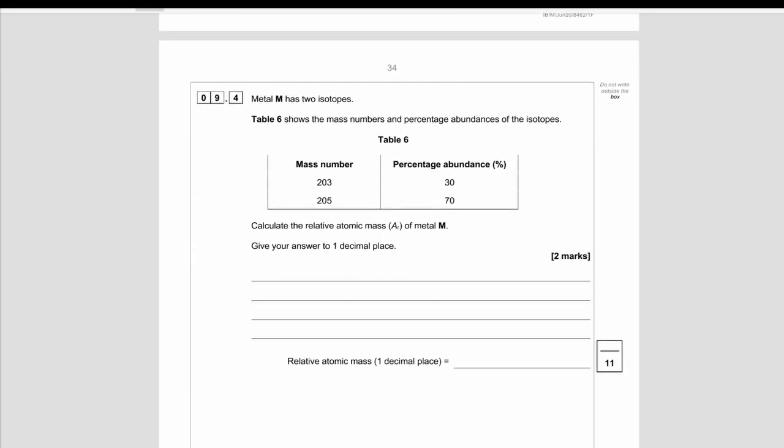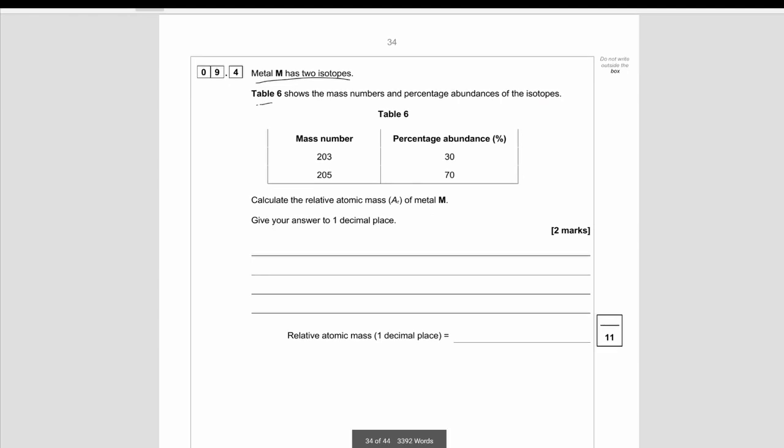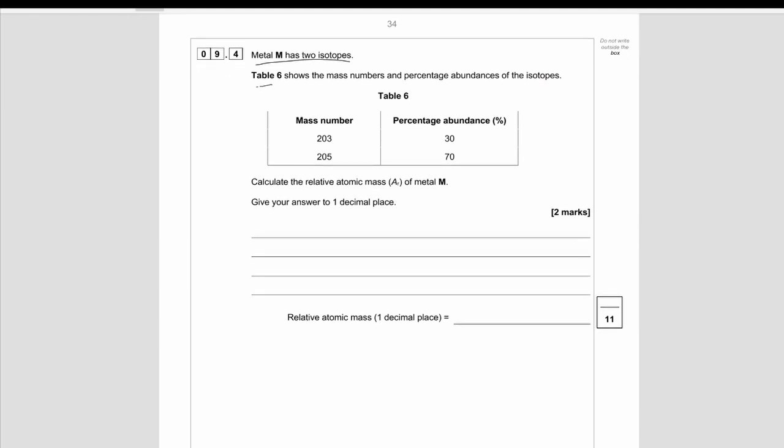The final question asks you to calculate the relative atomic mass of the metal M. Metal M has 2 isotopes. Table 6 shows the mass number and percentage abundances. If you're ever given a question like this one, the calculation's always exactly the same. We take the mass number and the percentage abundance of each of those 2 isotopes and add them together.